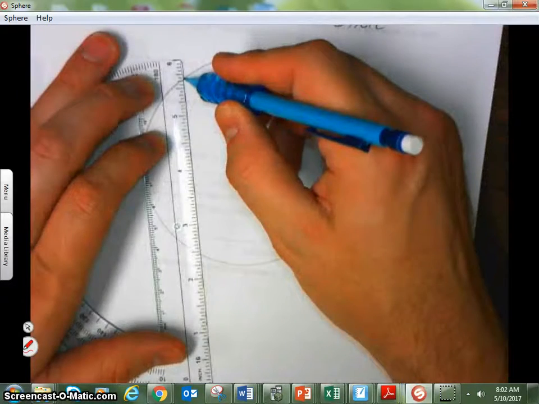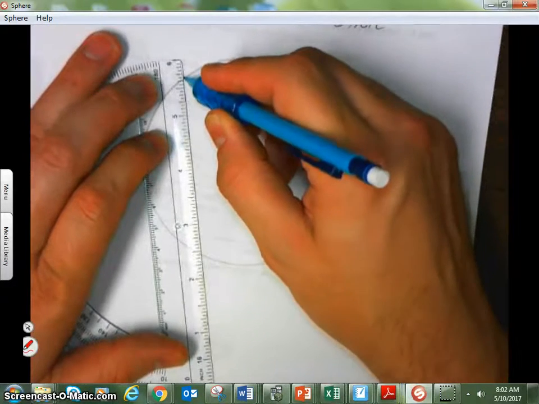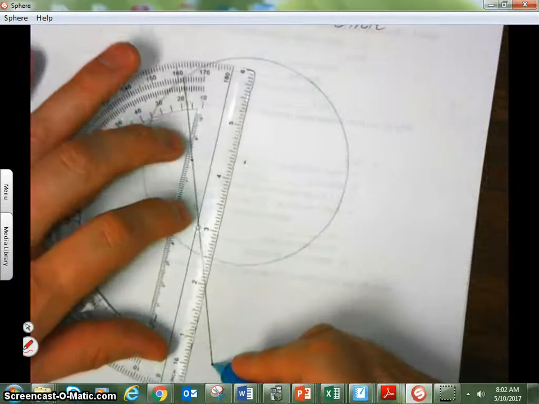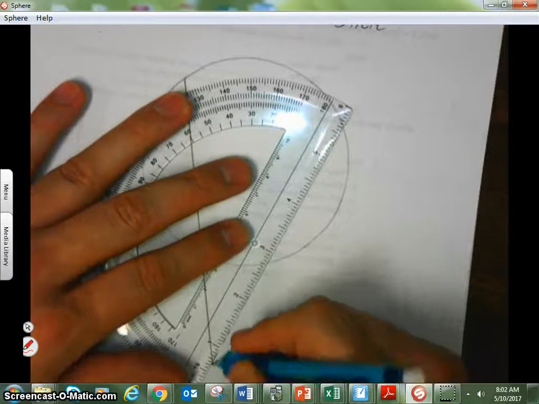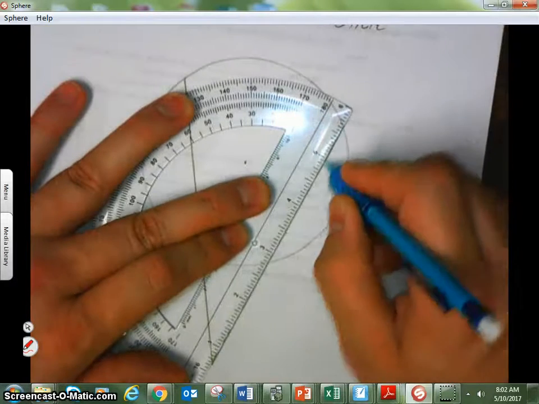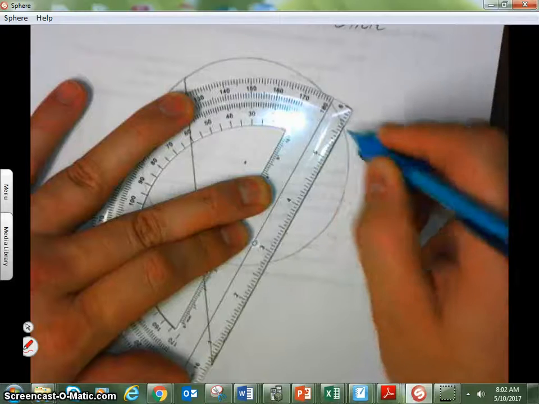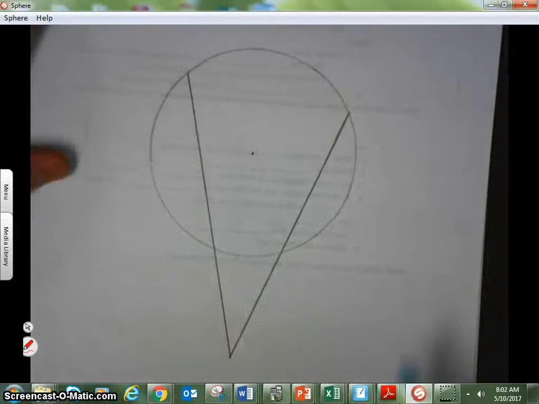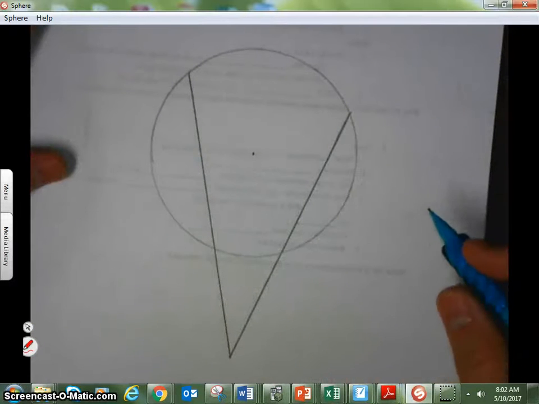perform our investigation. Now what I'm going to do is I'm going to create a secant here and a secant here, just so that way it's nothing special, just however you wanted to make it.